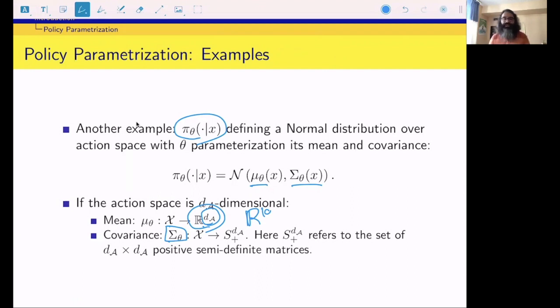In many cases, people may just use, say, some parameter in the form of sigma parameterized squared times identity. This is easier to enforce positive semi-definiteness because it is enough to make sure that this term is non-negative.